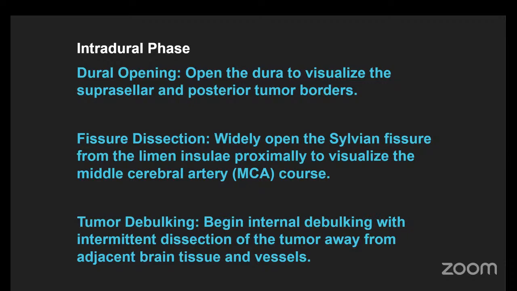You are going to open it from limen insula to visualize the middle cerebral artery course. The tumor debulking principles stay the same. You devascularize, you incise the capsule, you debulk it from the core and let the capsule collapse on itself and then gently peel it away from all the adjacent tissue and the vessels.